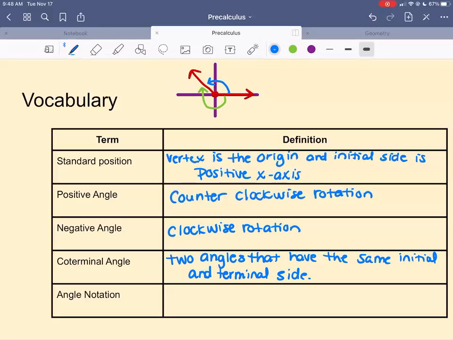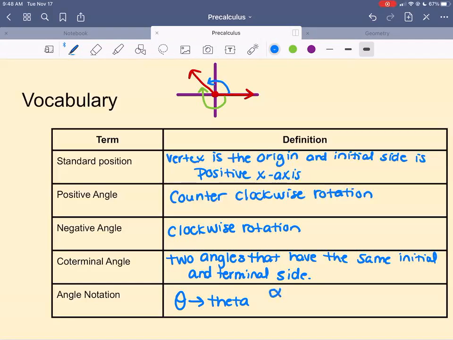Then lastly, here we have our angle notation, and that's just the different ways that we can represent angles. We can represent angles most commonly with this Greek letter called theta. I typically tend to use theta the most. You'll see it more often with me.